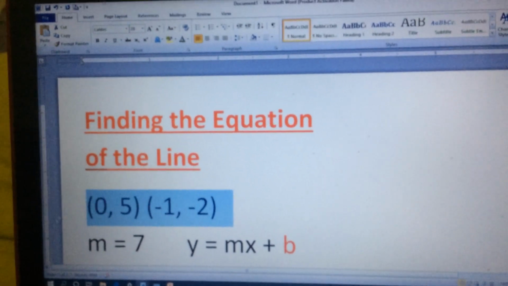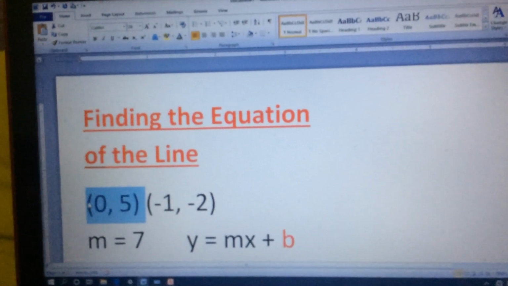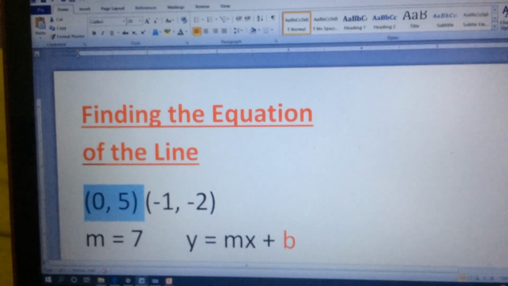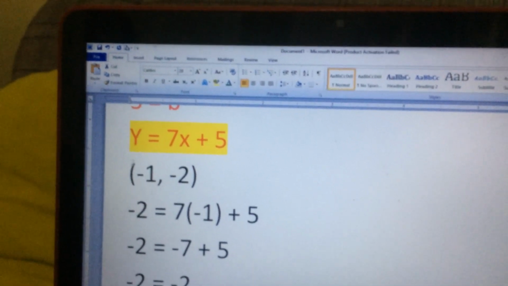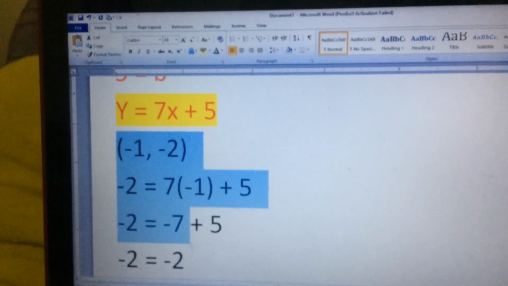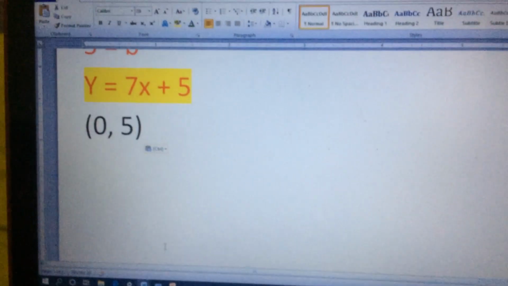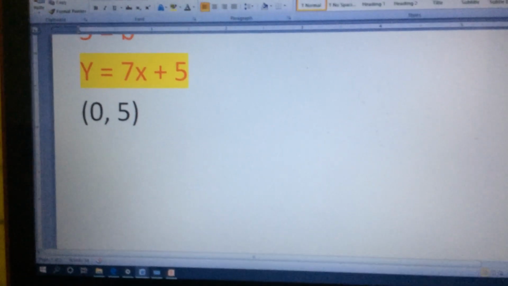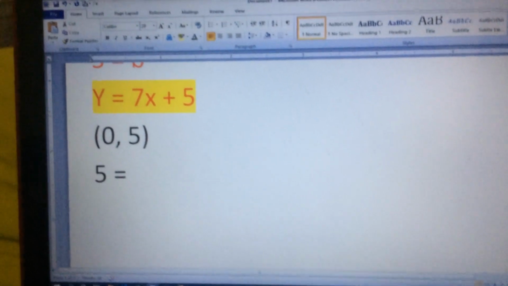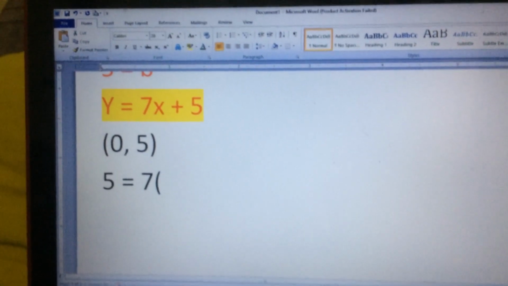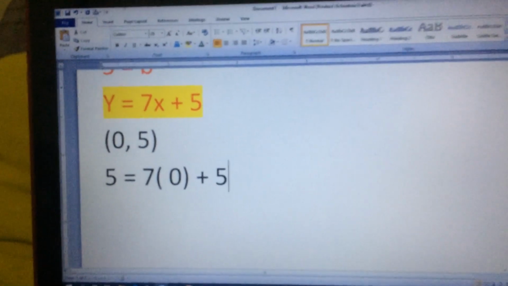Now if you want to test this further, you can use this time the first ordered pair, which is (0, 5). Let's substitute it to the equation. So we use this first ordered pair. So what is our y? It's 5 equals, what is our slope? 7, and our x value is 0, plus 5.